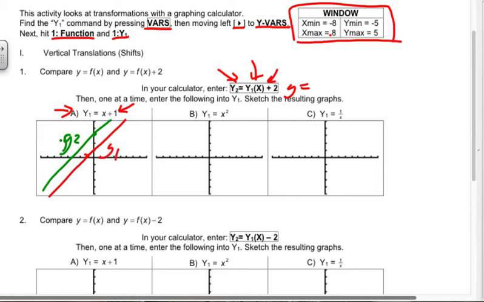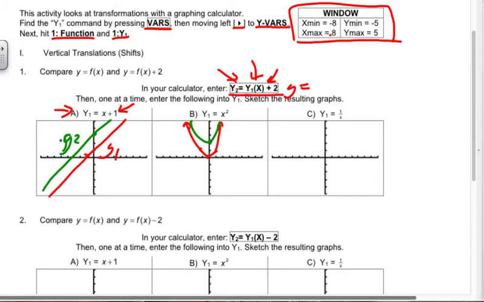Okay, so now you come back in, you leave Y2 the way it is, but we're going to change Y1 to Y equals 2X squared. That's 0, 0, 1, 1, 2, 4, 2, 4. All right, but again, we're going to be shifting up 2 units, so everything goes up 2. And it should look like that.